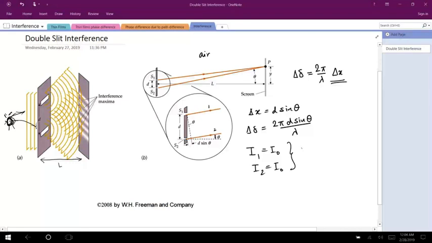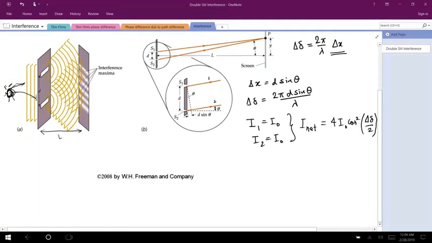After interference, I net on the screen is going to look like 4 times I naught cosine squared of delta delta over 2, right? That's the idea.